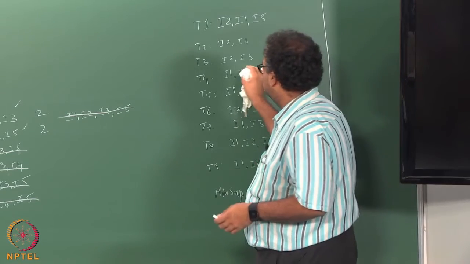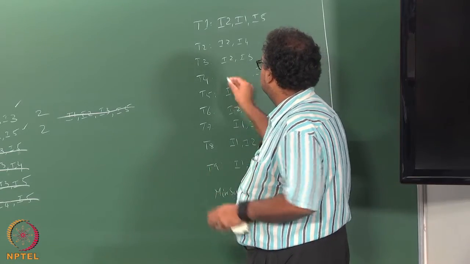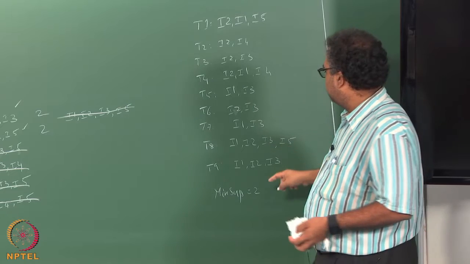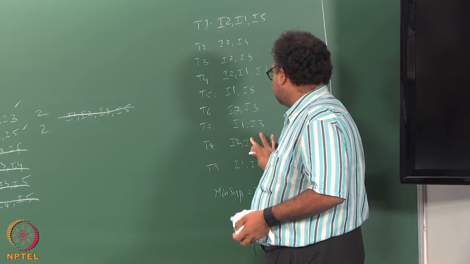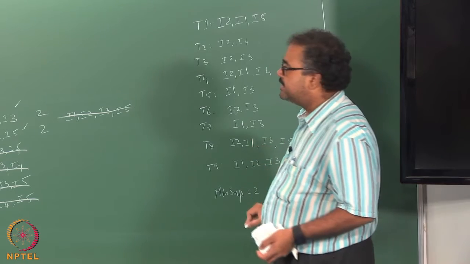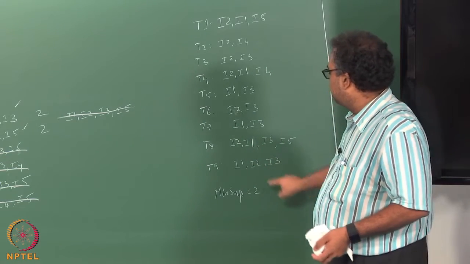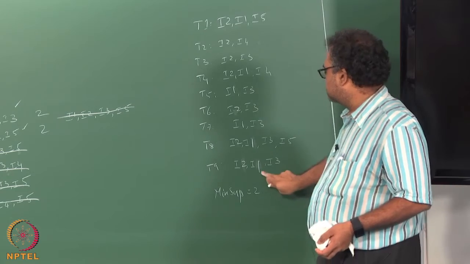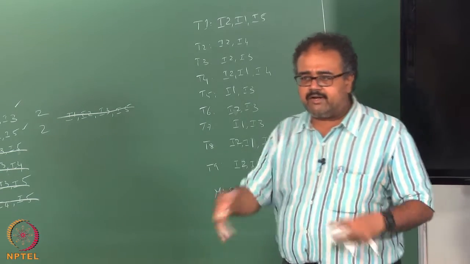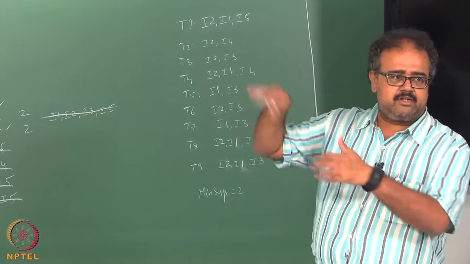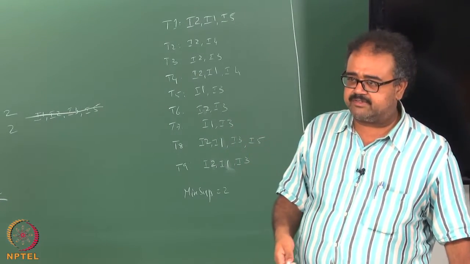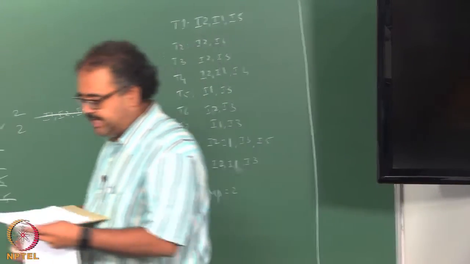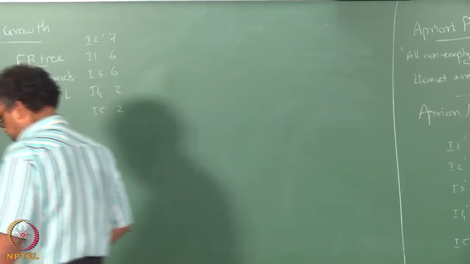Has to change. That is fine. That is fine. This has to change. Anything else has to change? Oh, 3 and 5 are okay, and this again has to change. So I do not have to do a separate pass over this. I can do this reordering as I do my second pass. In the first pass through the data, I count the one item sets. In the second pass through the data, I create the FP tree.